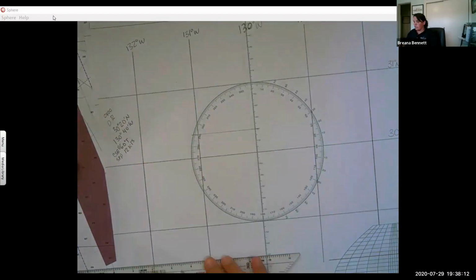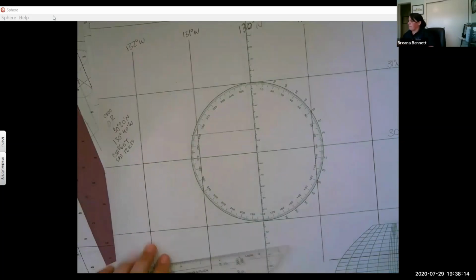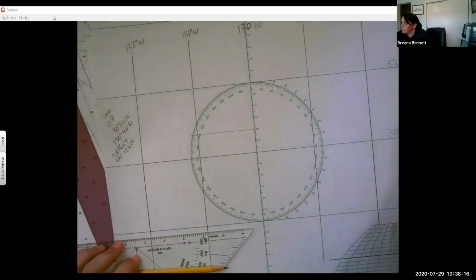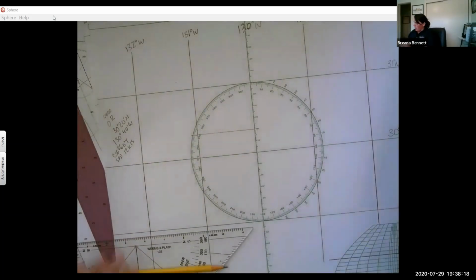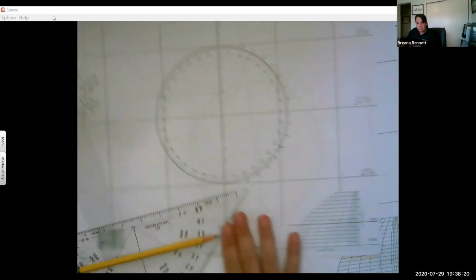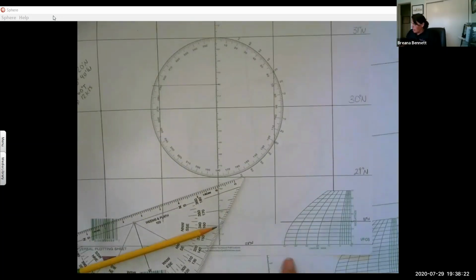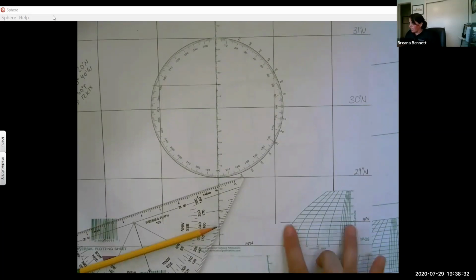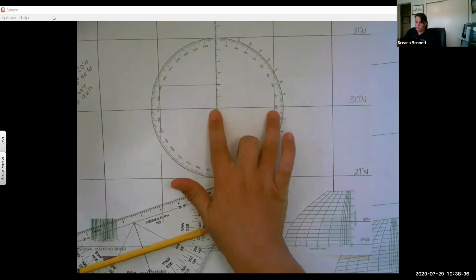Now I go back to use my longitude scale. I'm going to use my compass on this one. So my longitude scale, if you could see, it starts at 50, 40, 30, 20, 10, 0, and then another 10. So that's how, if you got a total of 60, that's how we did our longitude.